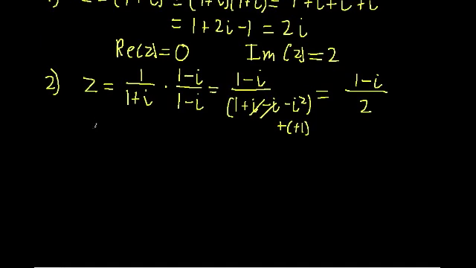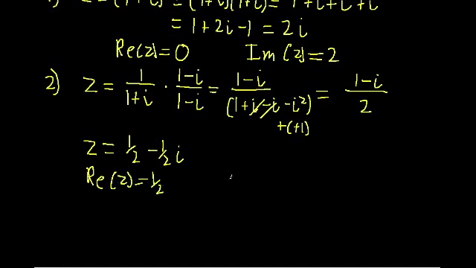So just to really hammer this out, we can rewrite it as our complex number z is equal to 1/2 minus 1/2 i, in which case it's really simple to see that the real part of this is just 1/2, and the imaginary part of this is just negative 1/2. So that wasn't too bad.